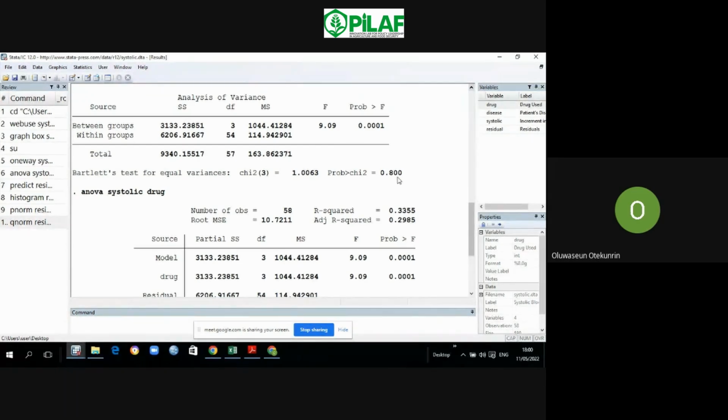But there is a note of warning for Bartlett's test. If you want to use Bartlett's test, the number one thing you have to note is that you have to ensure that normality of your residuals has been established, because Bartlett's test is very sensitive to normality issues.